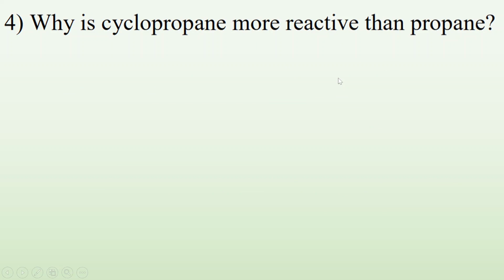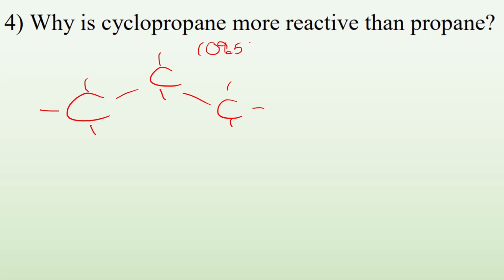Or why is cyclopropane more reactive than propane? Well, if we take a look, propane has the tetrahedral orientation, bond angles of 109.5, which is what you would expect. But in cyclopropane, we have to make a ring. That's what the cyclo part means. And that is going to stress these bond angles, right?